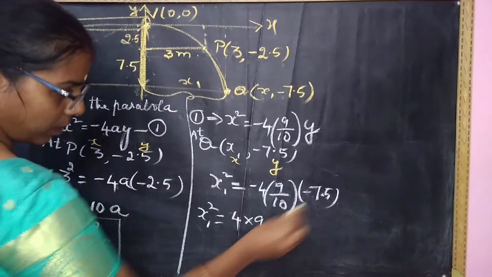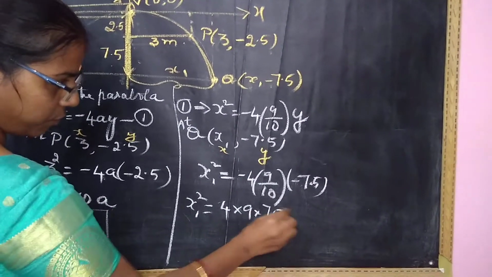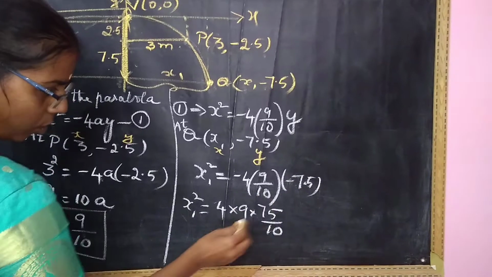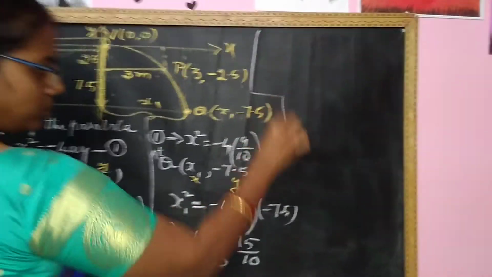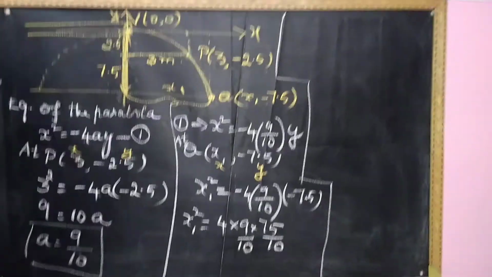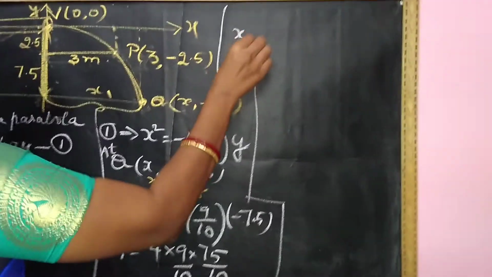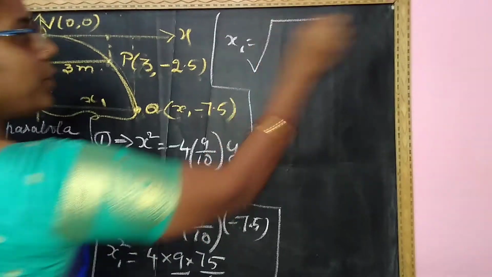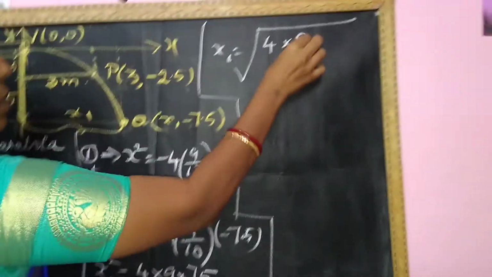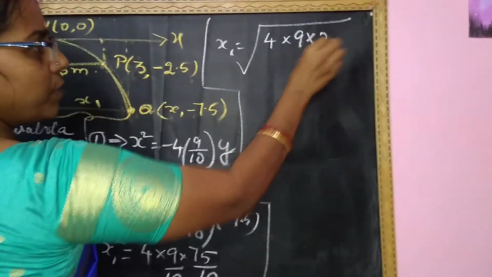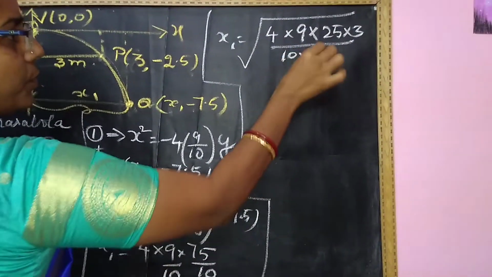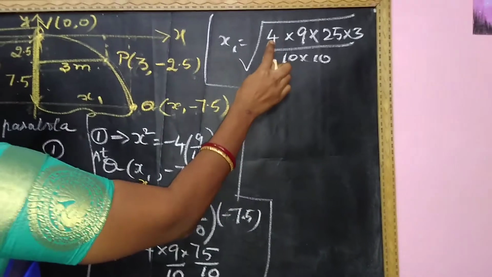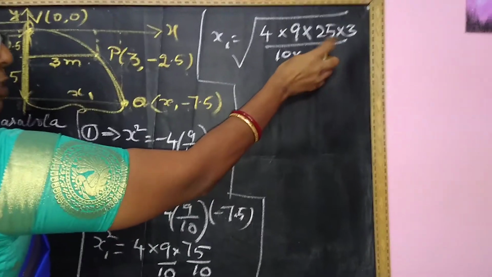How can we write 7.5? We can write it as 75 divided by 10. Already there is a 10 here. Next, x1 square is there. Taking the square to the right side, we have x1 is equal to the square root of 4 into 9 into 75, which we can write as 25 into 3, divided by 10 into 10. 4 is a perfect square, 9 is a perfect square, 25 is also a perfect square.